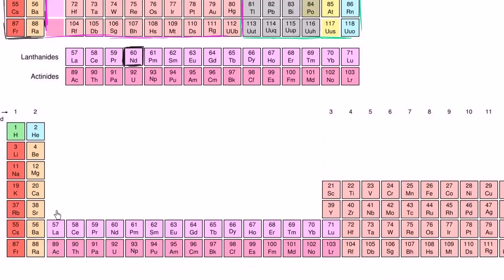This right over here is our F block. So given that, let's figure out the electron configuration for neodymium. And I'll give you a hint. In the D block, you go back and backfill one shell below the period that you're in.